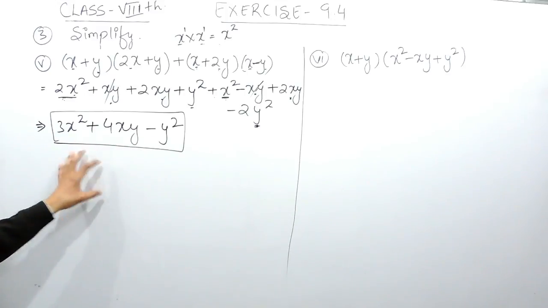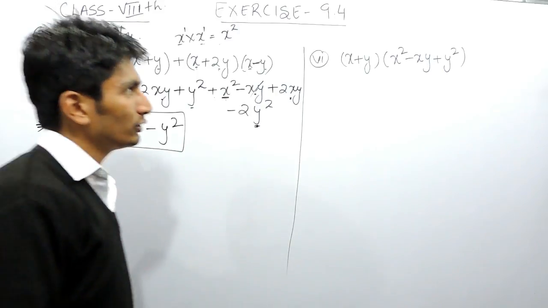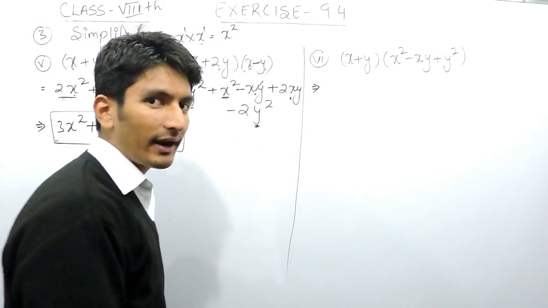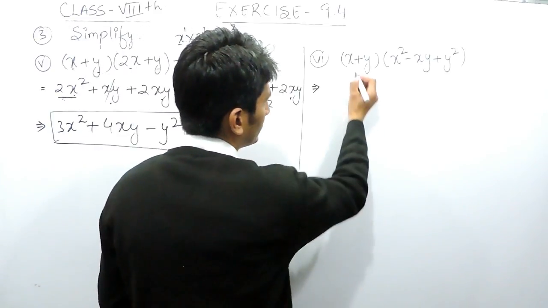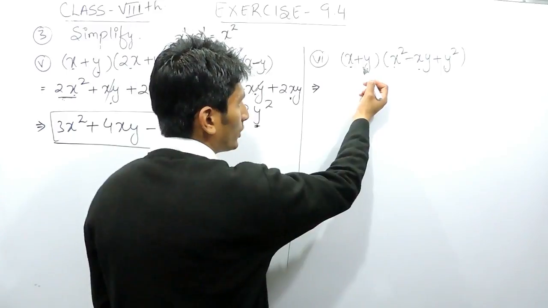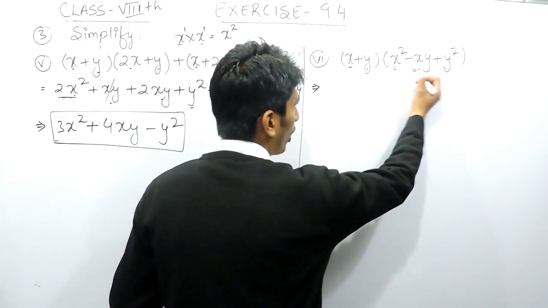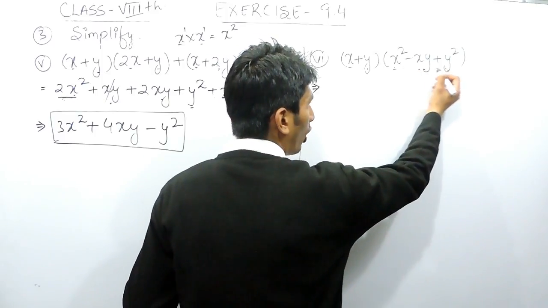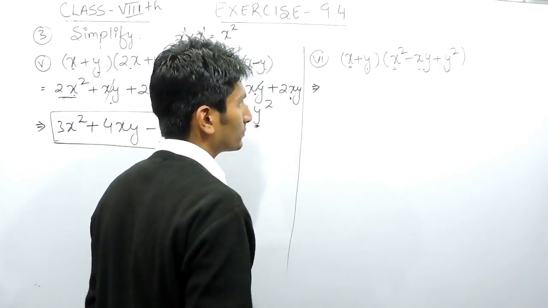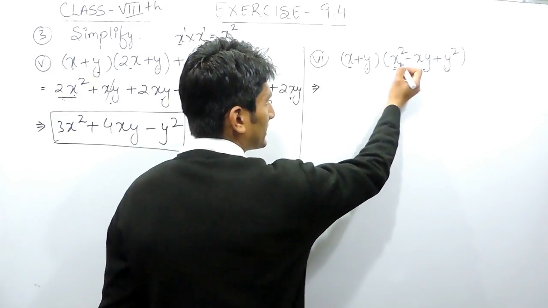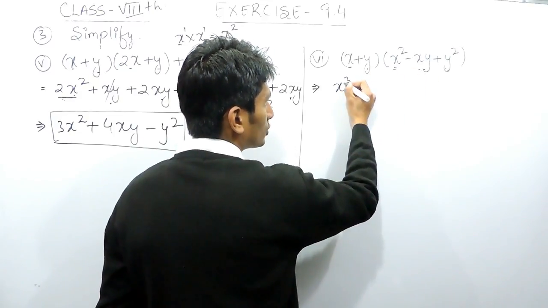These expressions cannot be solved further because there are no like terms. Now similarly, if you want to solve this question, first of all you have to open the bracket. There are two terms and three terms, so you have to multiply this x with all three terms, and after that multiply this y with all three terms. Now let's multiply x with the first term. x multiplied by x square will give x cube.